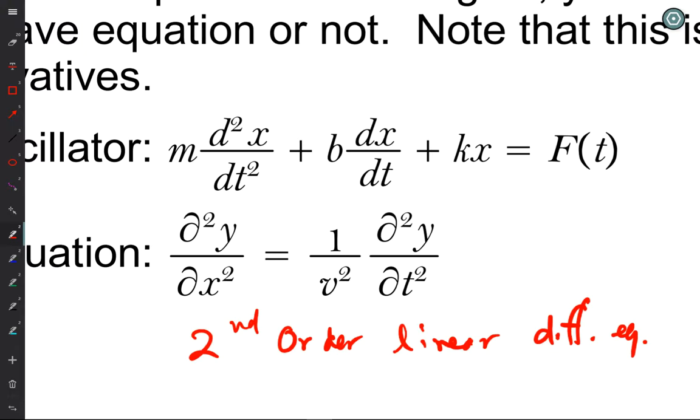Linear because you don't have any that are like x squared or y squared or t squared, or x times y. So with these kinds of things, all you're going to have to do is see if the function fits. You'll have to calculate the derivatives and put them in and see if it's correct. So I'll give you an equation and ask, does it fit?